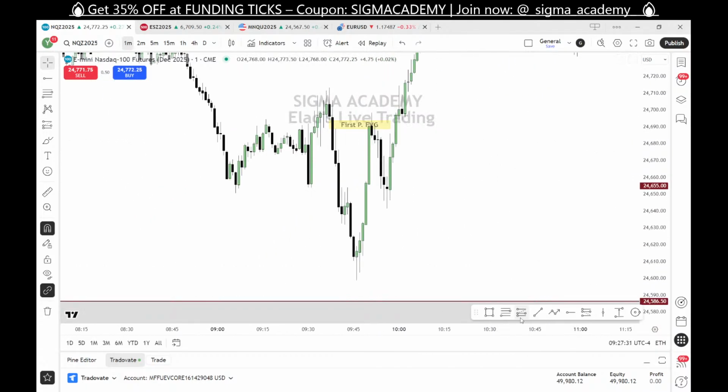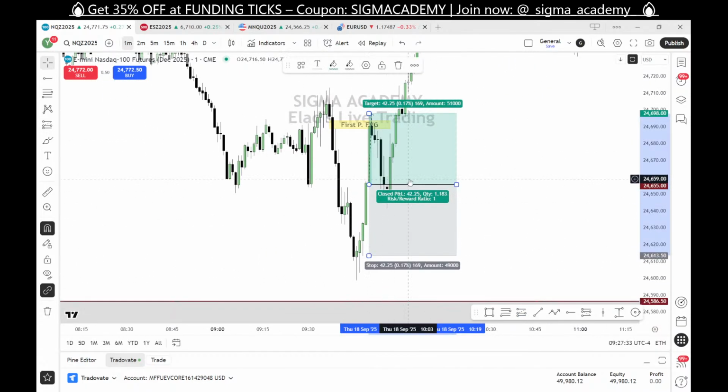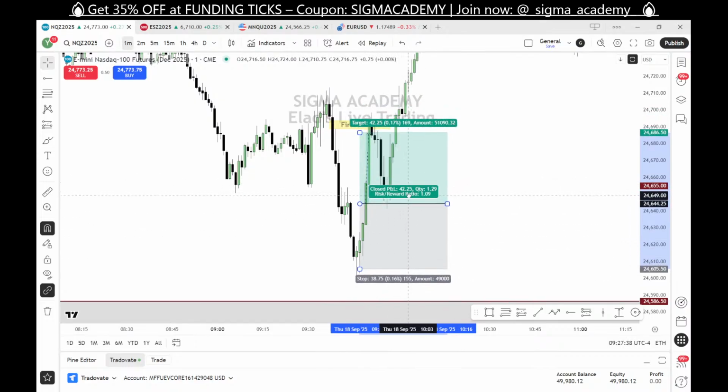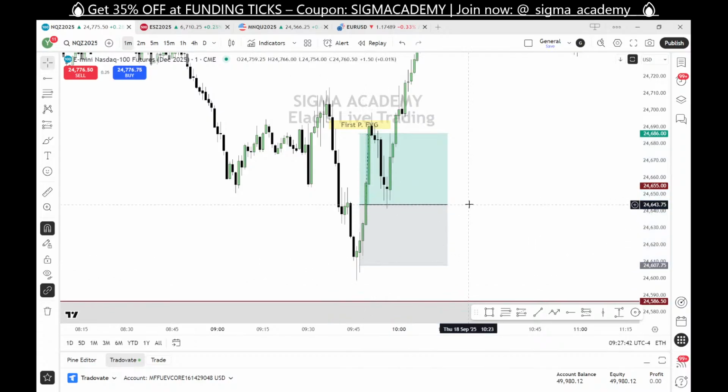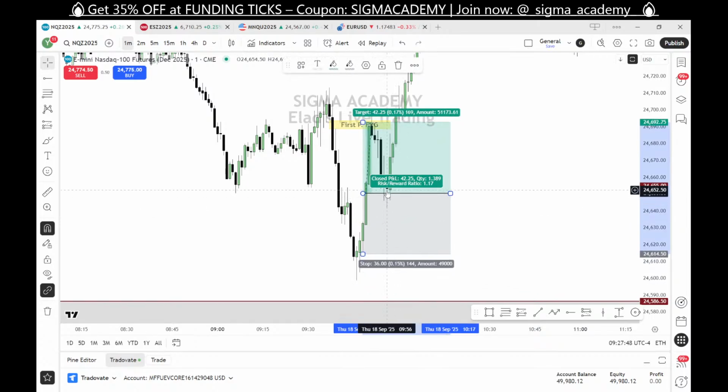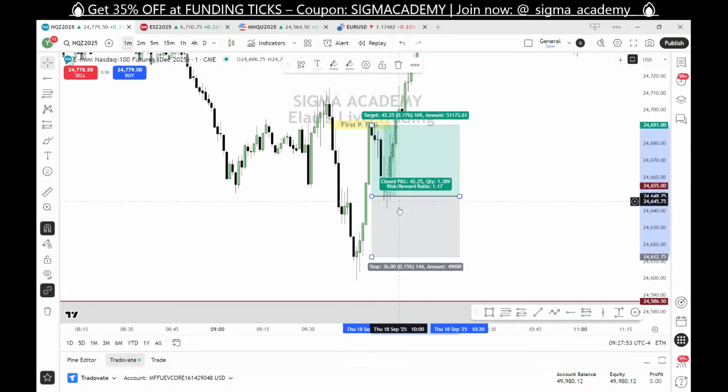The last trade that I took is something like that. First of all, I took a trade here on market, but it went too low for me, so I stopped at break even. After I saw some movement on the 15-second chart, I re-entered here.